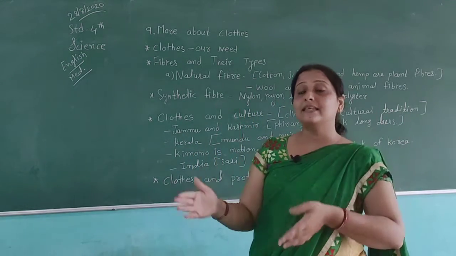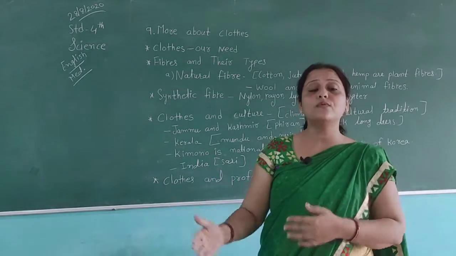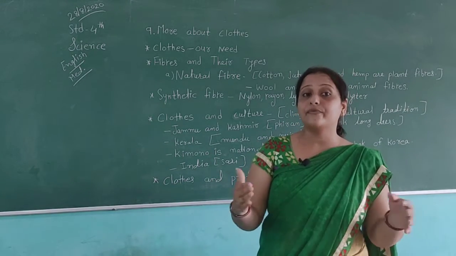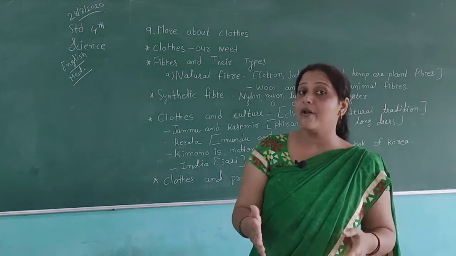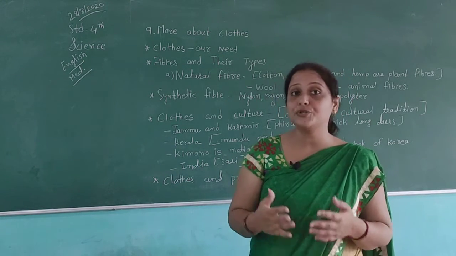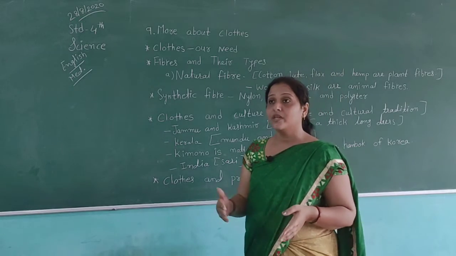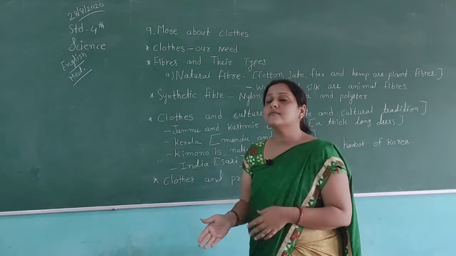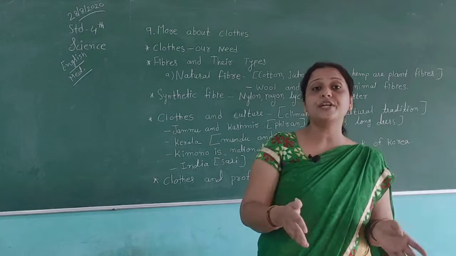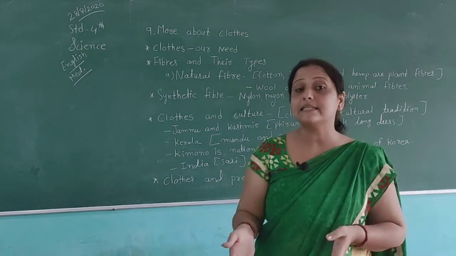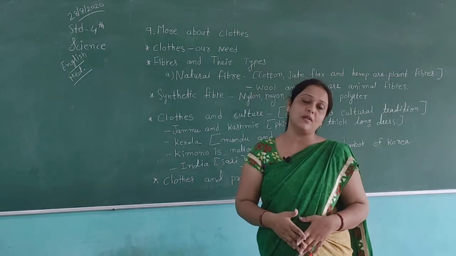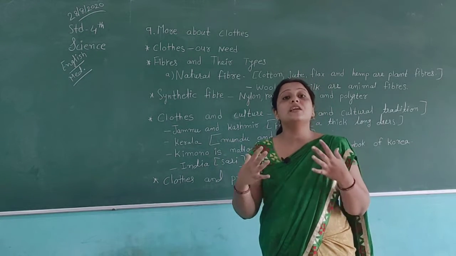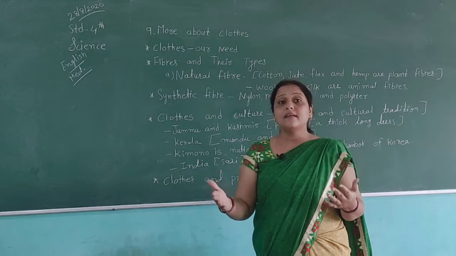So like this we have different types of clothes in our life which protect us in different ways, which are very useful to us according to functions, according to days, according to season, according to places. We have many types of clothes available which are very useful to us in our life.